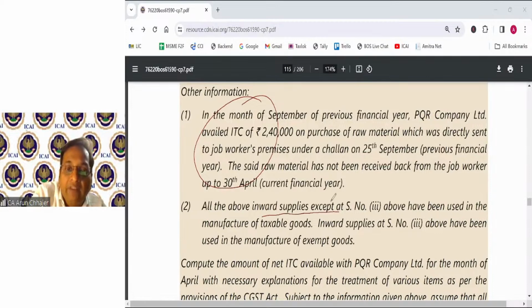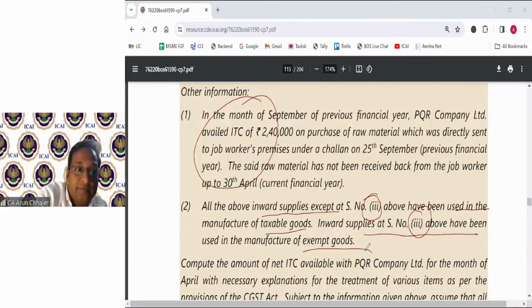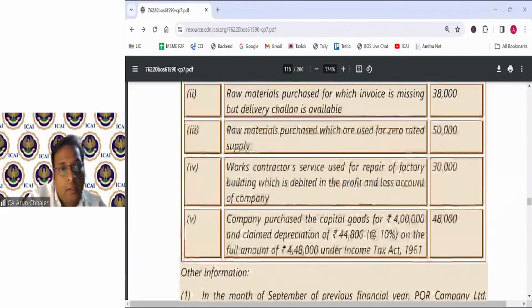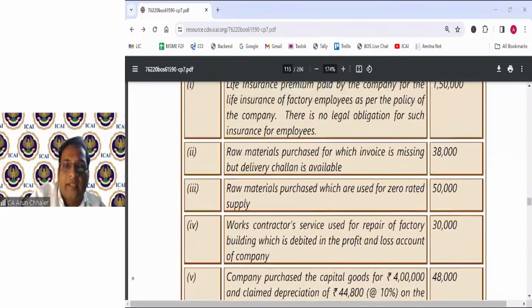All the above inward supply, except serial number 3, have been used in the taxable goods, and inward supply in serial number 3 above has been used in the manufacturing of exempted goods. So serial number 2 and serial number 3.